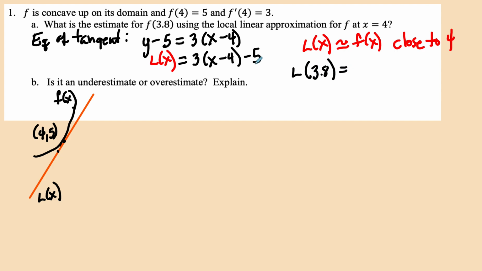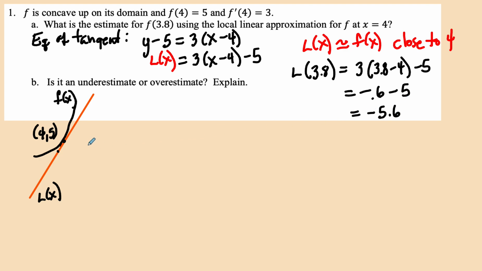I'm going to put it into this formula that's really nice: 3 times 3.8 minus 4, minus 5. This is going to be a negative 0.2, so this will be negative 0.6 minus 5, and so the answer is going to be negative 5.6.